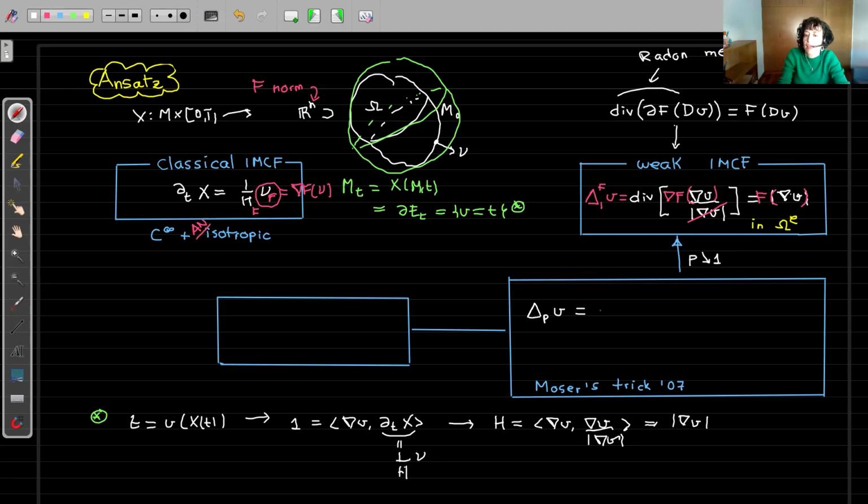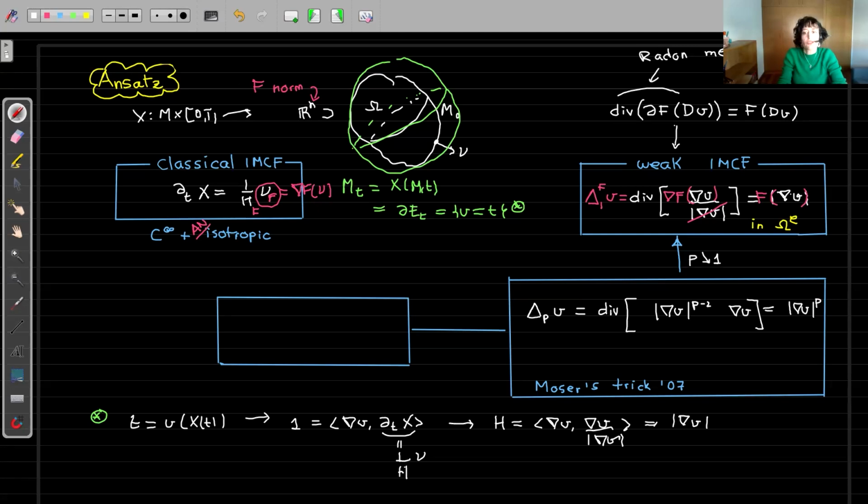So the p-Laplacian is exactly the divergence of the norm of gradient v to the p minus 2, gradient v, and then equal to some kind of gradient term of natural growth, so that the equation is scaling invariant. So I will need here a power p.